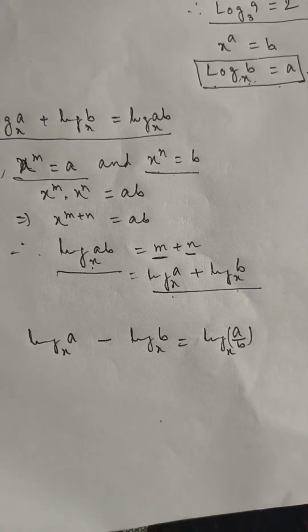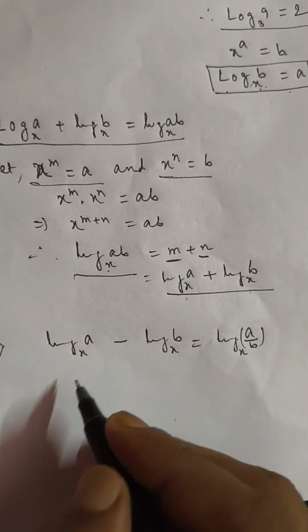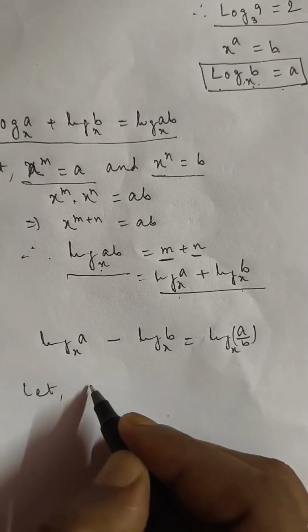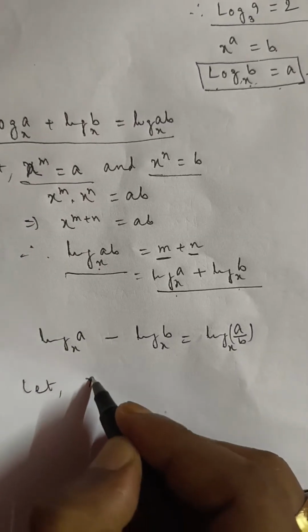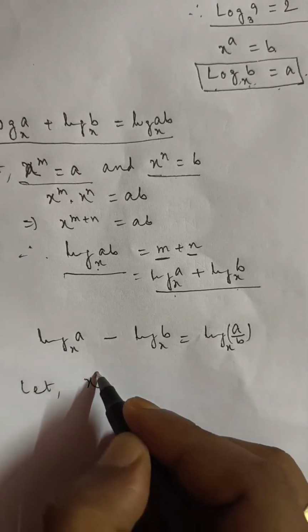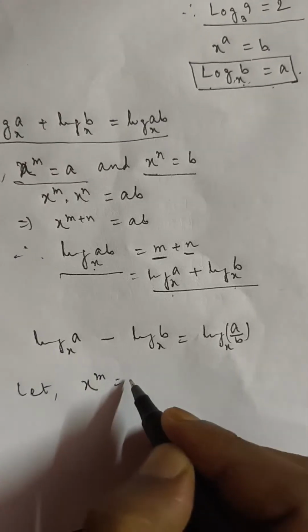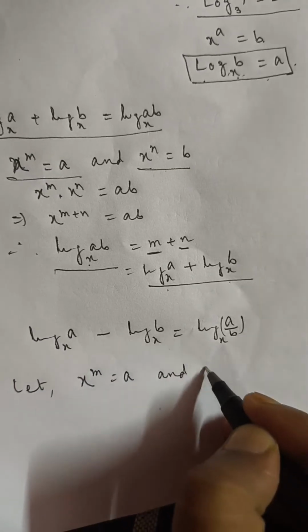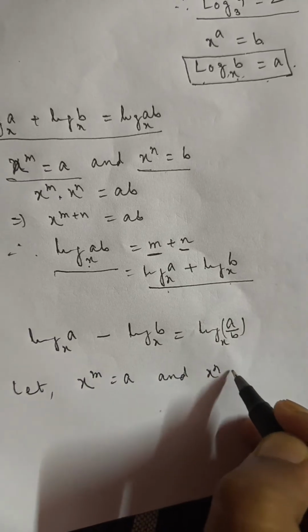How we can prove this? We will again take let x to the power m is equal to a, and x to the power n is equal to b.